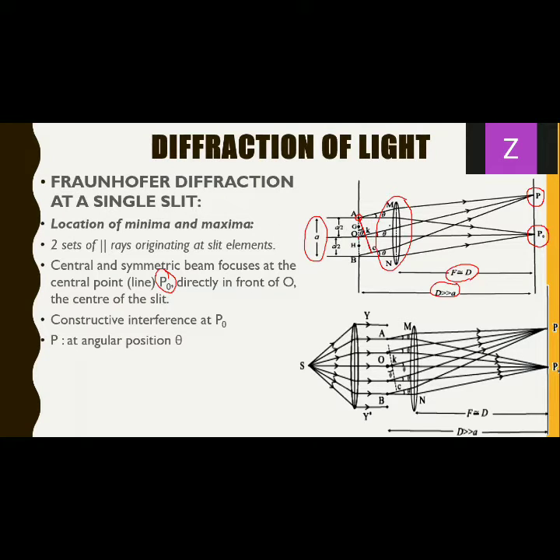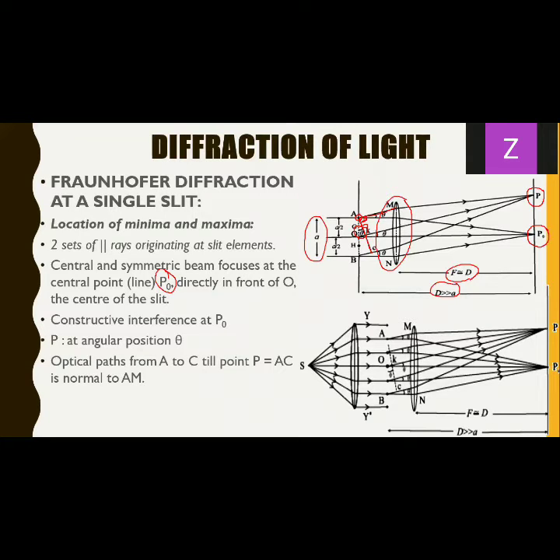Due to that, we get another set of rays at an angle theta which intersect at point P. When we consider this AC, it is perpendicular to the line AM, so this angle is 90 degrees. That is how diffraction takes place.